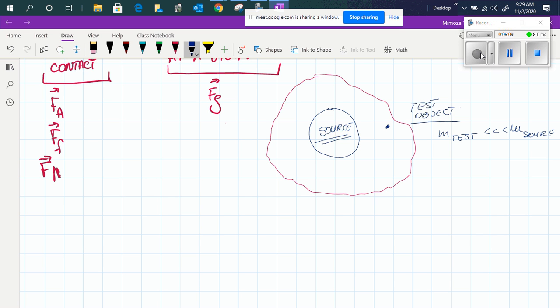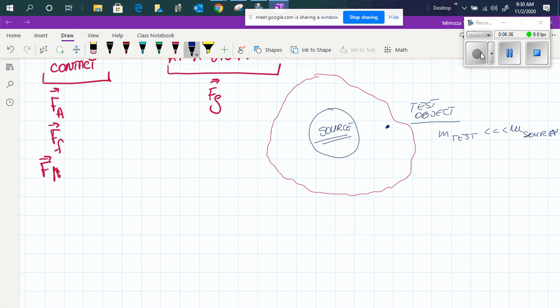It is not important what the mass of the source is and what the mass of the test object is, but it is important that the mass of the test is way smaller than the mass of the source.